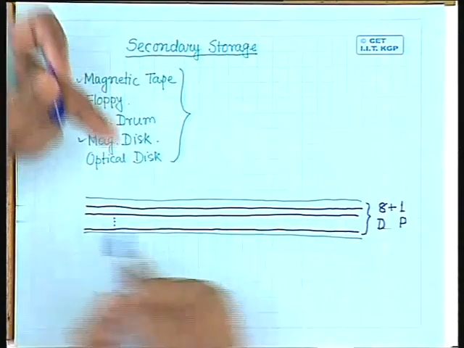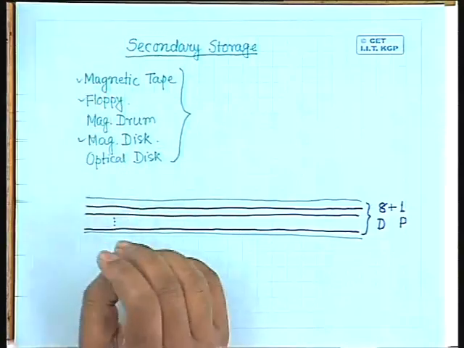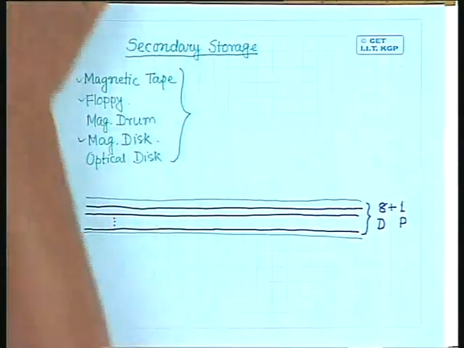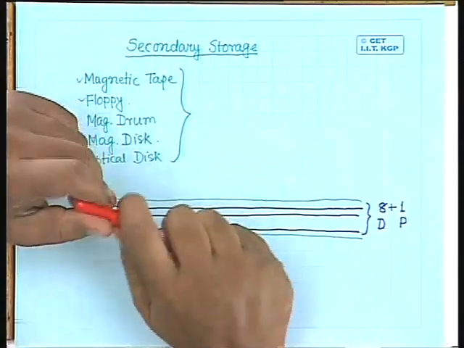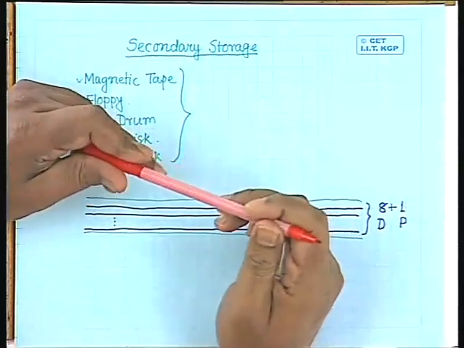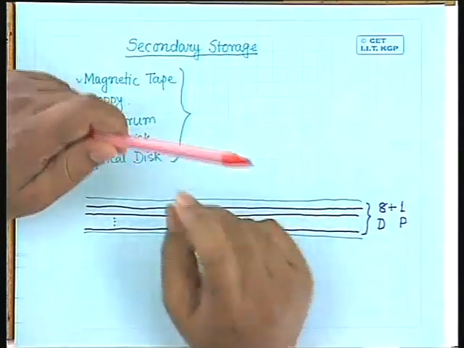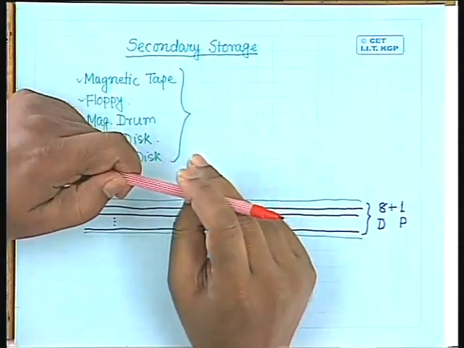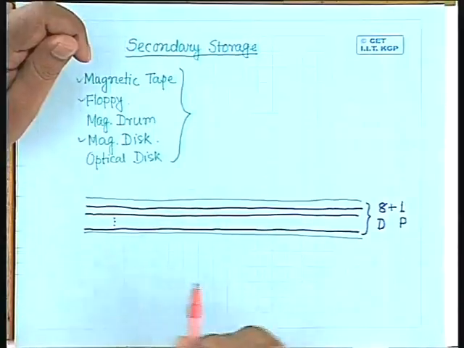Then to access any data stored on this magnetic tape, or to write data on it, we use a read-write head. The read-write head for a magnetic tape is also a linear array, because for every track I have to have a read-write head. So for a magnetic tape which has 9 tracks, the read-write head will be an array of 9 read-write heads.